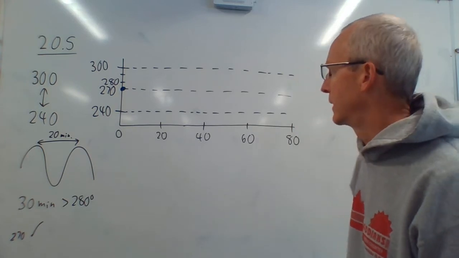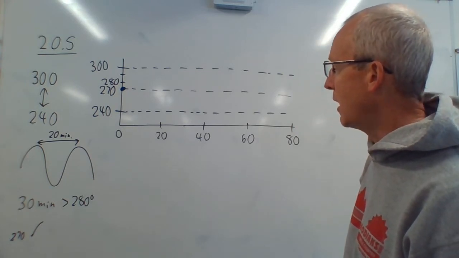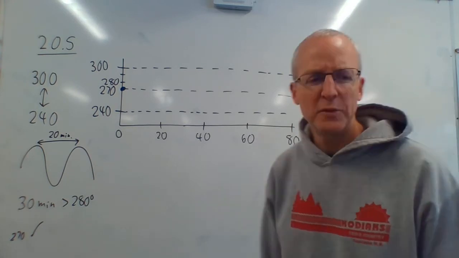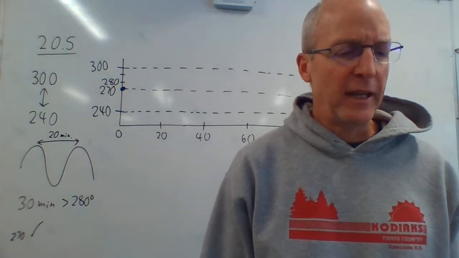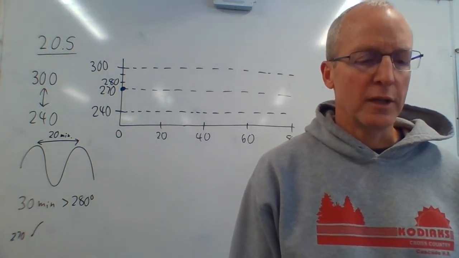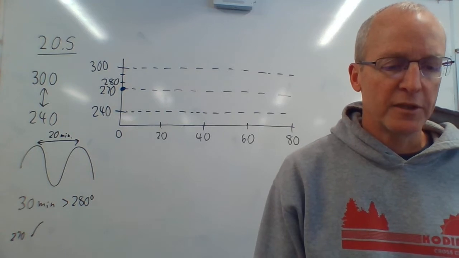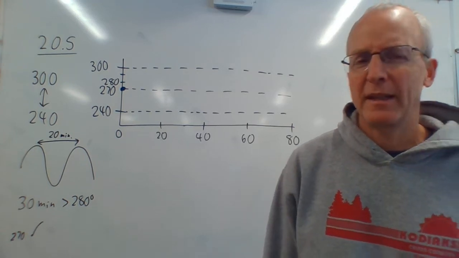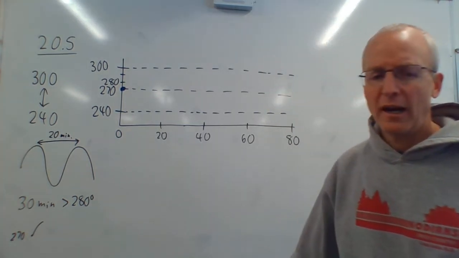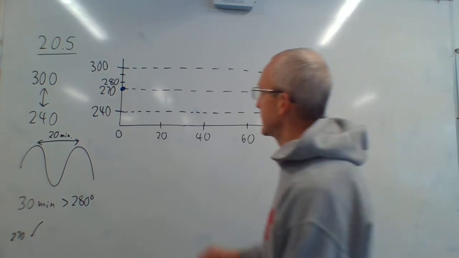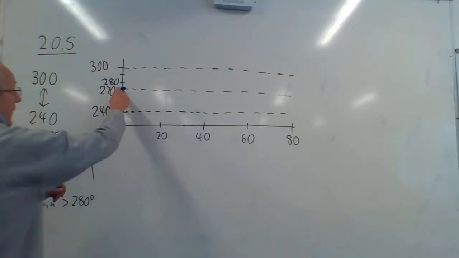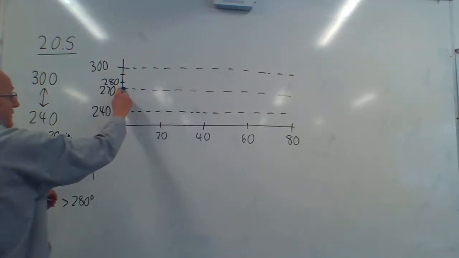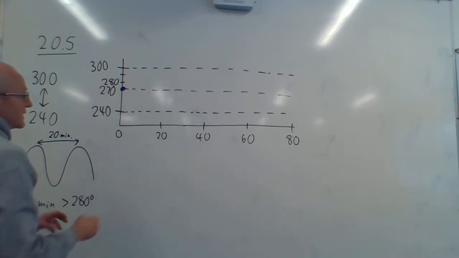Whoa, wait. Oh, this is too easy. Then the phase we know is going to be 0 because it starts right where a sine wave should start. Oh man, I was hoping to make it hard to find the phase. Okay, our phase here is going to be 0 because it's exactly in the middle and going up. So that's where a sine wave should start, exactly in the middle and going up. Oh, this is no fun.